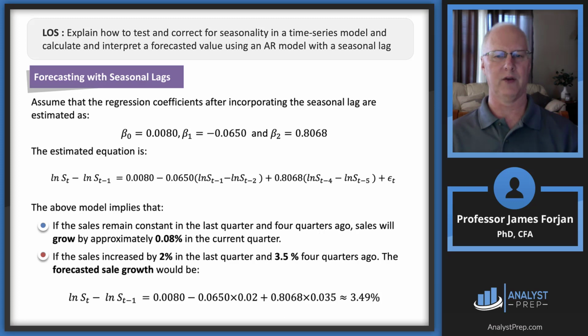If sales increased by 2% in the last quarter and 3.5% 4 quarters ago, the forecasted sales growth. So there's our model there. Notice on the left-hand side, we're taking the difference between sales today and sales last time. So that's growth rate. So we just plug in all those numbers and we get about 3.5%.